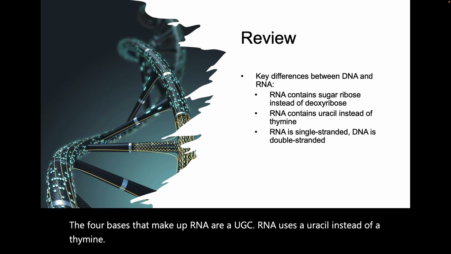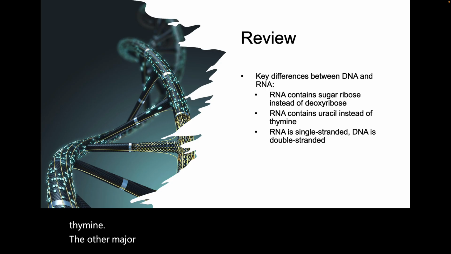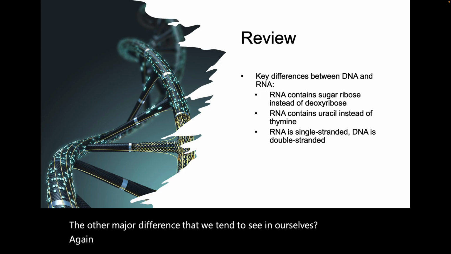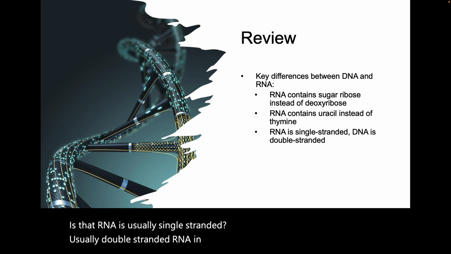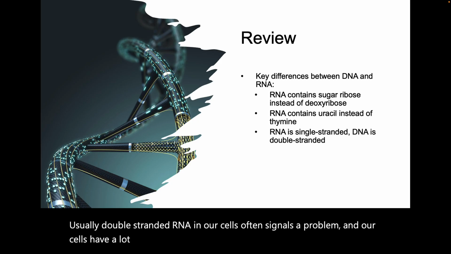The other major difference that we tend to see in our cells is that RNA is usually single-stranded. Usually. Double-stranded RNA in our cells often signals a problem, and our cells have a lot of mechanisms for destroying double-stranded RNA.